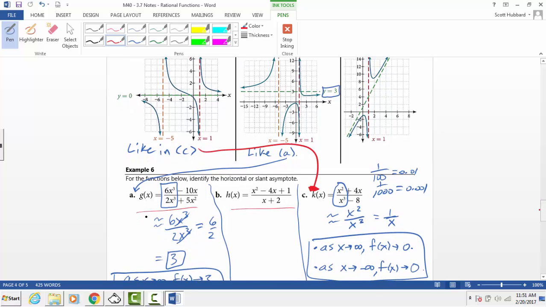Okay, and the last little bit is what happens when their power is off by just 1. So if we take a look at this. Okay, the problem with that is that when they're different by only 1 power, x squared and x is only off by 1. So x squared divided by x.